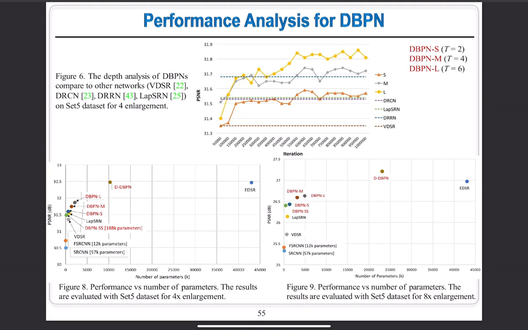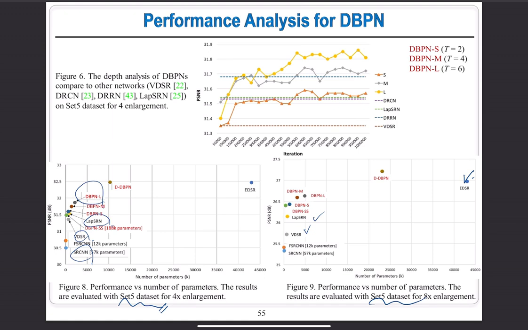And this slide compares DBPN's performance with other networks like VDSR, DRCN, LapSRN and SRCNN, and some other papers, on the Set5 dataset for 4 times SR and 8 times SR. The key aspect is that deeper back projection models like DBPN-L outperform traditional feed-forward models in both PSNR and visual quality.